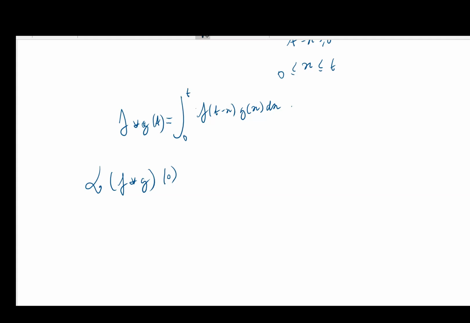Okay, so actually it's not too hard to prove, so let's write that. That's going to be the integral from 0 to plus infinity, of the integral between 0 and t, of f of t minus x, g of x dx, times e to the minus st dt. Okay, so let's do a nice substitution.